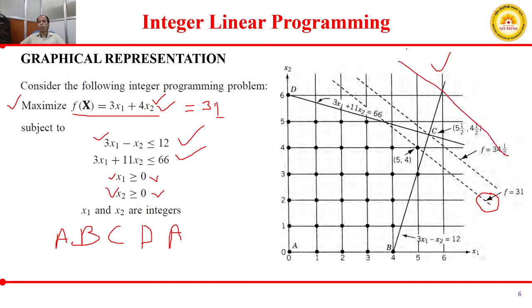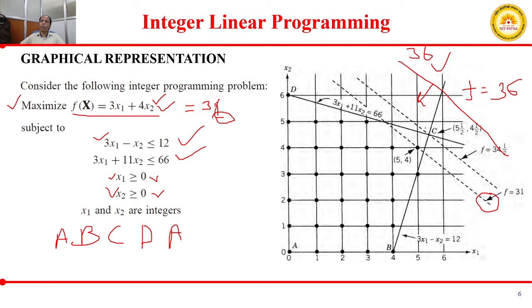Or you can choose any value. Suppose f equal to 36; let us start from 36. This is the line corresponding to f equal to 36, and it is out of the feasible region.